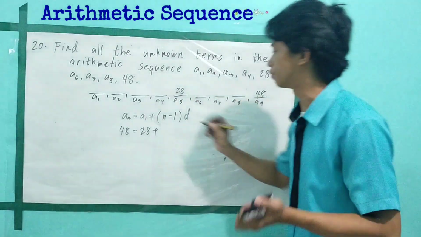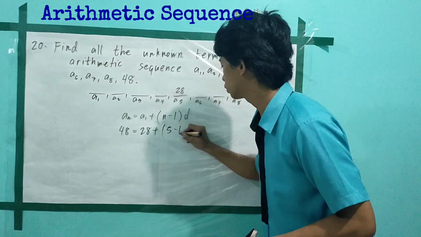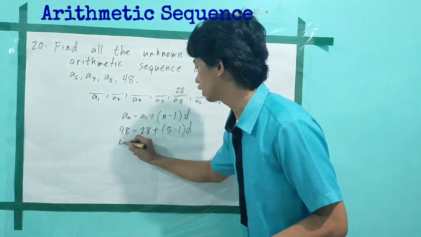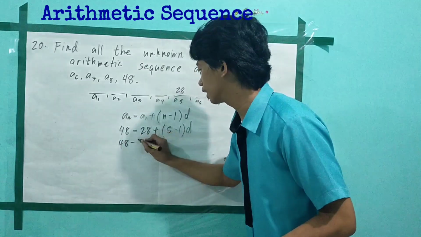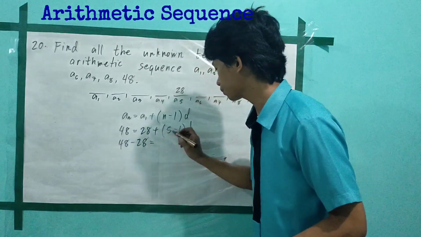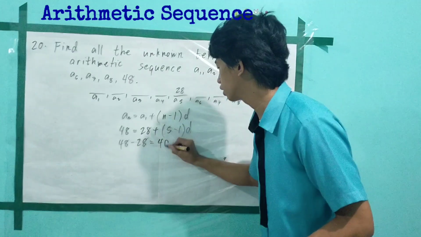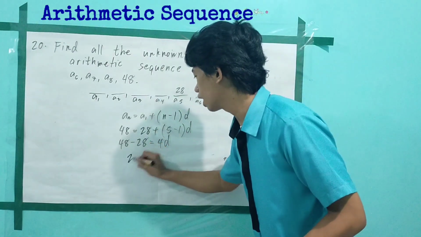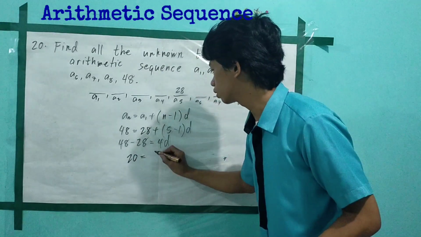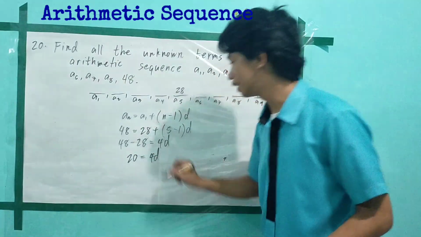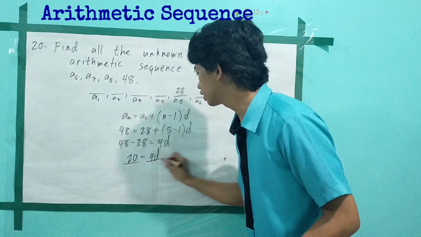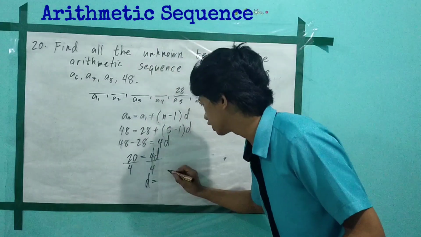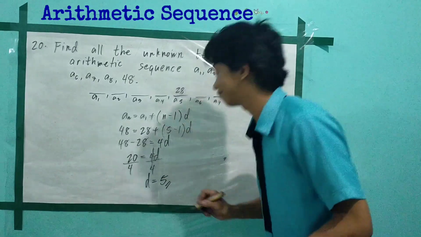So, we have 5 terms. So, 5 less 1 multiplied to the common difference. 48 using APE, 48 less 28 is equal to 5 less 1, 4 multiplied to the common difference. 48 less 28, we have 20 is equal to 4d. Ayan. Divide both sides by 4. And so, the common difference is equal to 5.